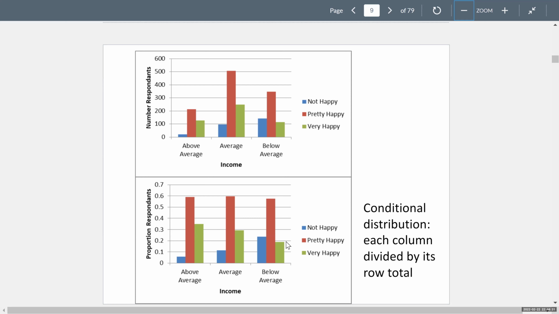So if we look at this lower one again, we see that the proportion of moderately happy people is about the same in each income group, but as income goes down, we have fewer very happy people and more not happy people.